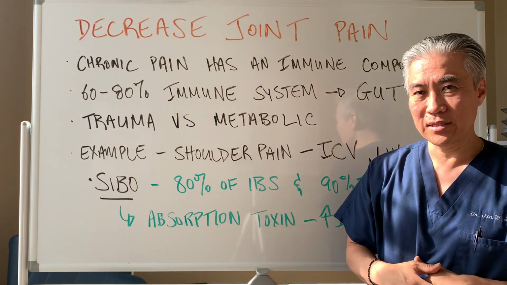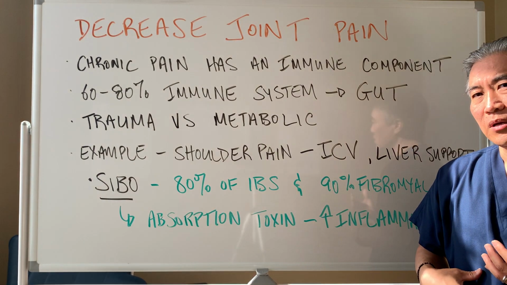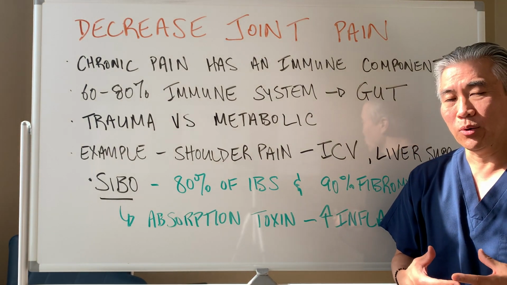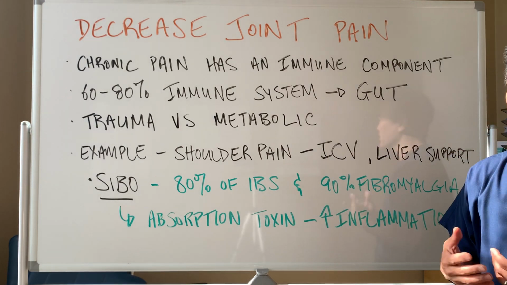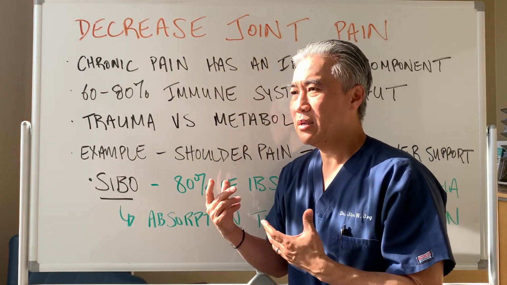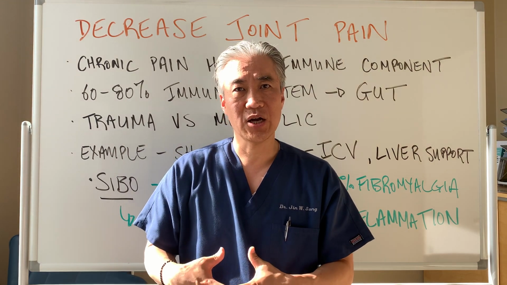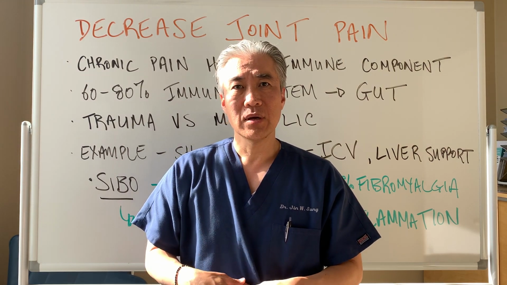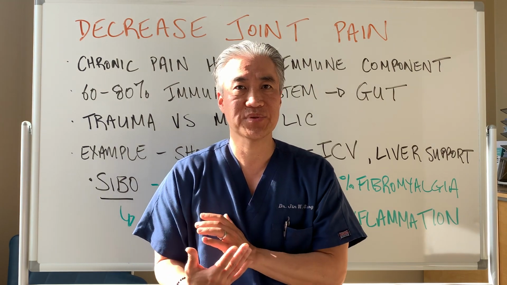Oftentimes what we find with those patients is they have an ileocecal valve dysfunction, maybe due to SIBO, or small intestinal bacterial overgrowth, or they have a liver issue, right? Or they need liver support. Sometimes what we could do is do an ileocecal valve massage or release, or we can give them liver support and all of a sudden the shoulder pain will subside.